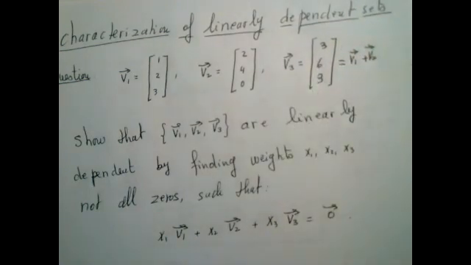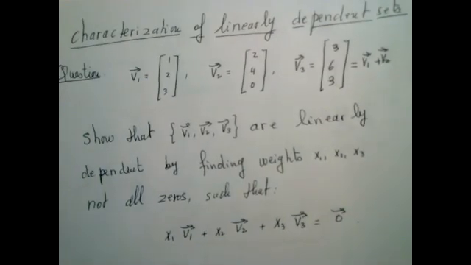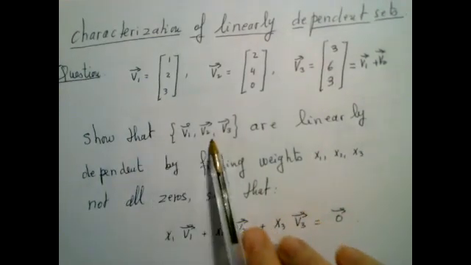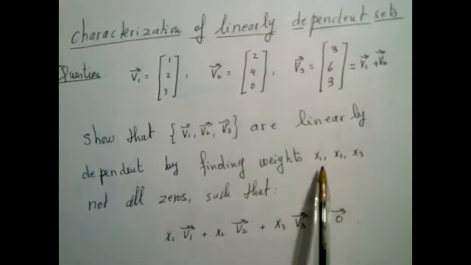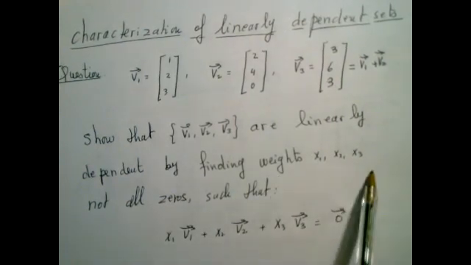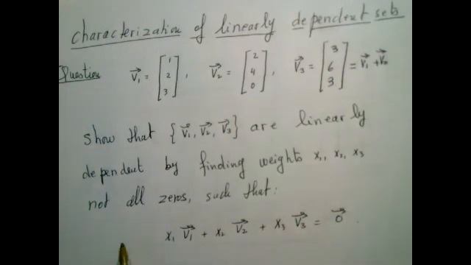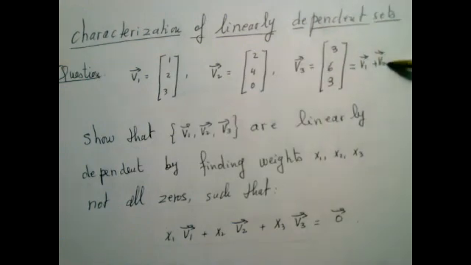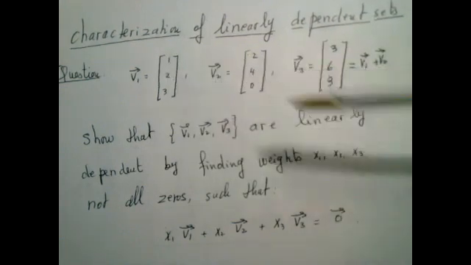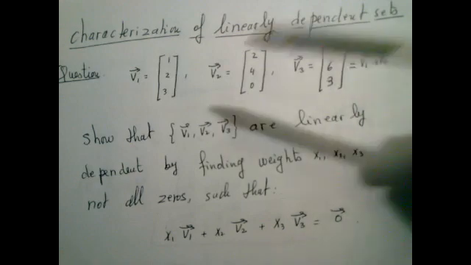Okay, I picked it. My question is, show that they are linearly dependent by finding weights x1, x2, x3, not all zeros, that make this sum equal to 0. So I'm giving you a scenario where I have two vectors and I pick one vector which is nothing more than their sum. It's a combination.